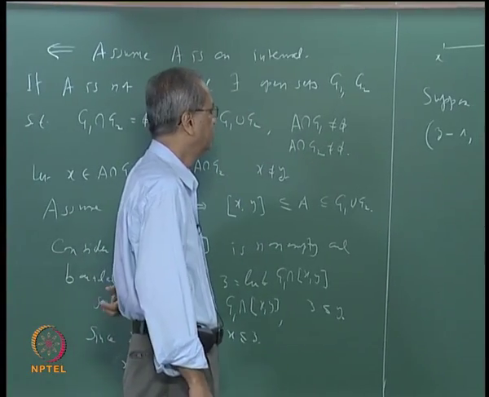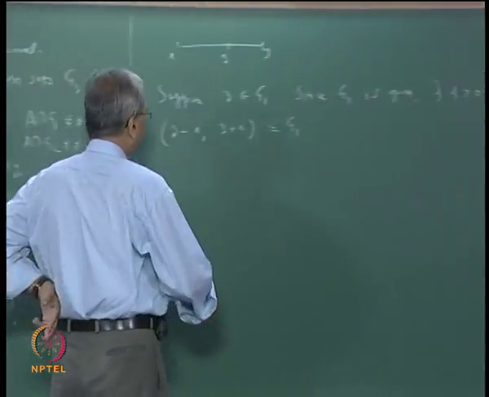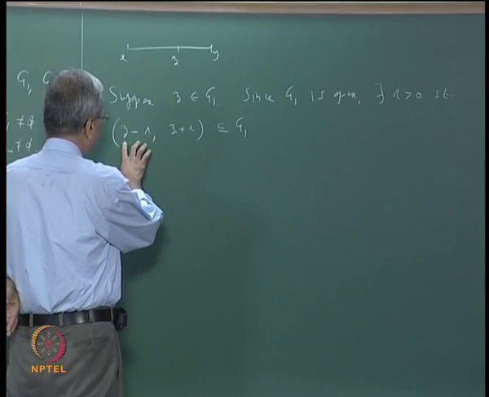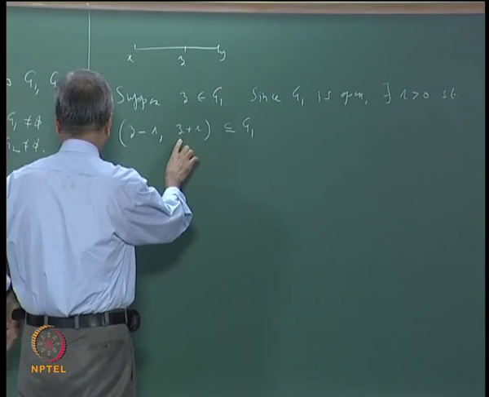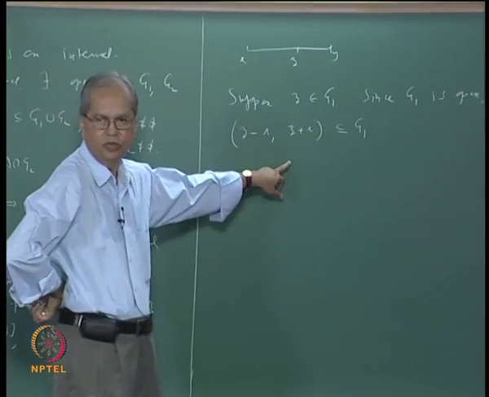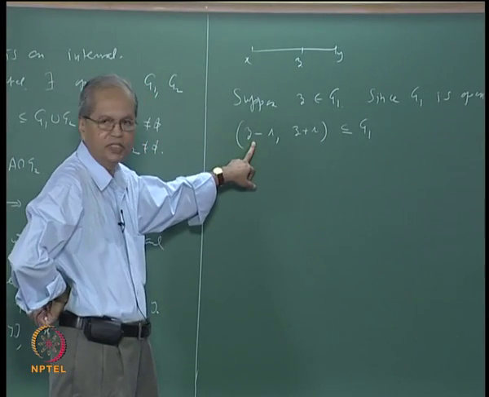Now Z is the least upper bound, and Z minus R is a number which is strictly less than that.